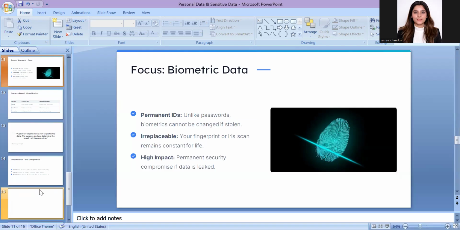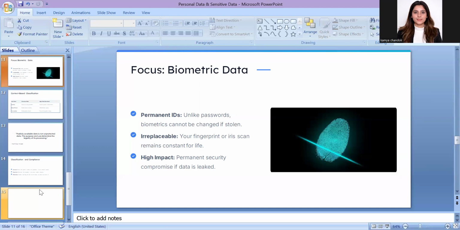And when you talk about health data, that would include your medical records, prescriptions, diagnostic records. Now if this is leaked, the financial data leads to fraud, right? And health data could lead to stigma and discrimination. That is why these are never treated casually in law, right?